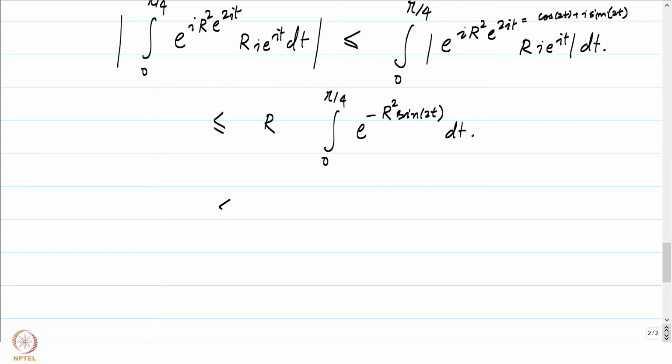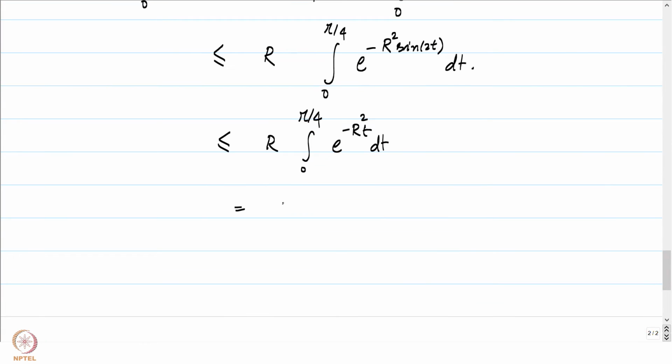This in turn is less than or equal to, in the interval 0 to 2 pi, we can bound our function sin 2t as well, and we can say that this is less than or equal to r square t dt, which we will be able to say as being equal to r times r by minus 1 by r square e to the power minus r square t evaluated from 0 to pi by 4, which is equal to 1 by r times 1 minus e to the power minus r square times pi by 4.